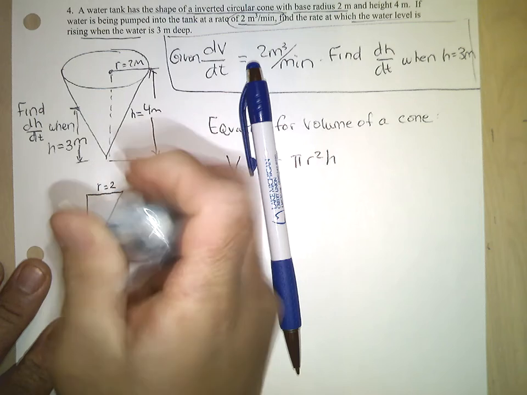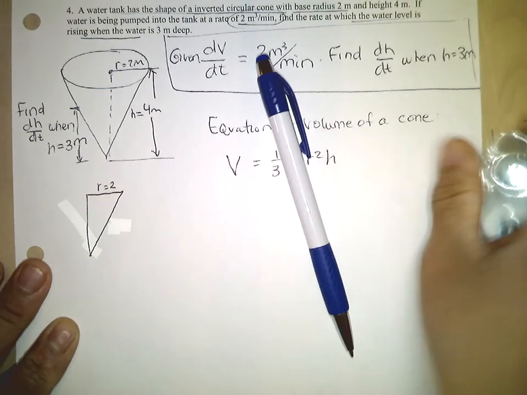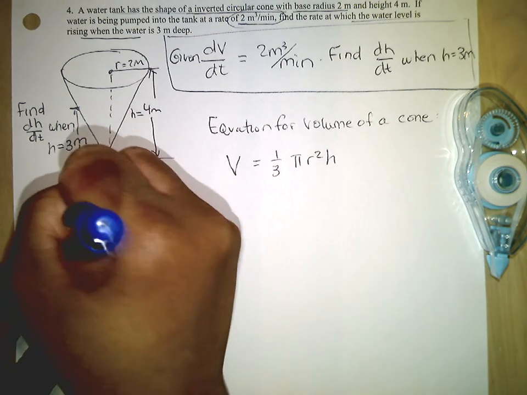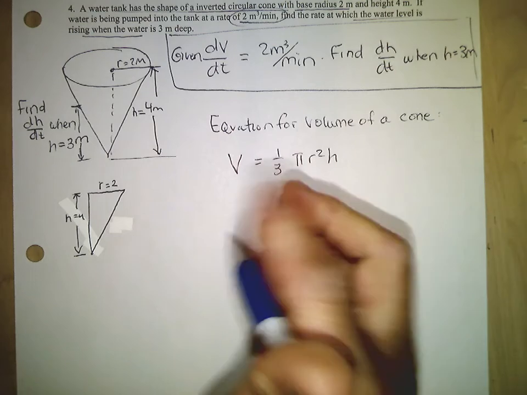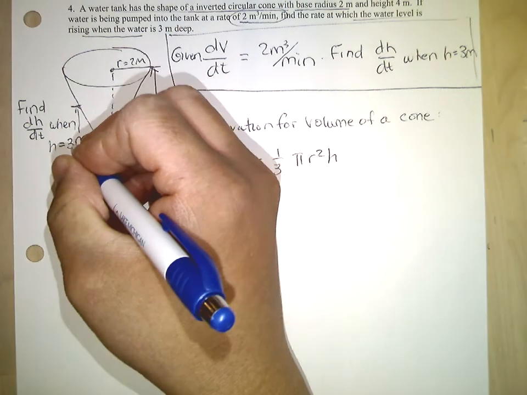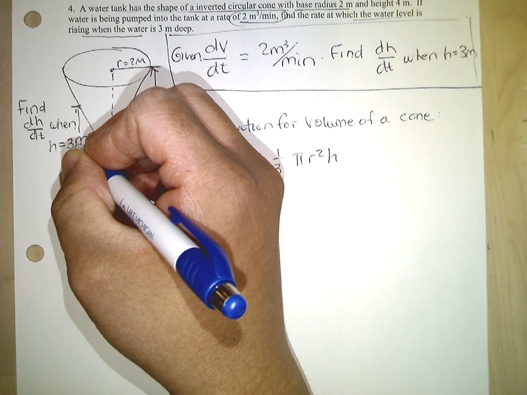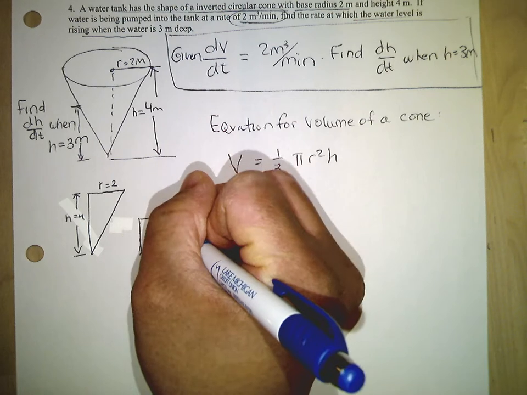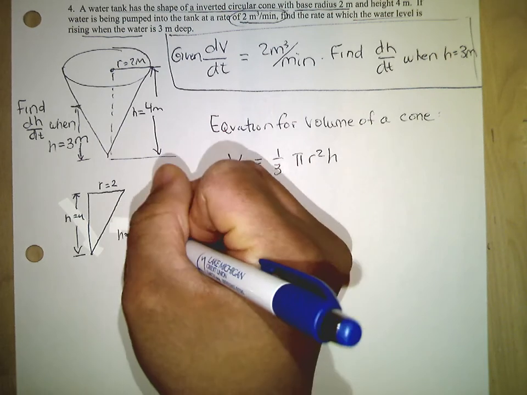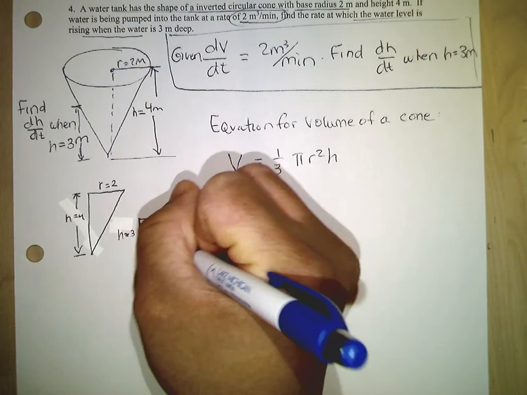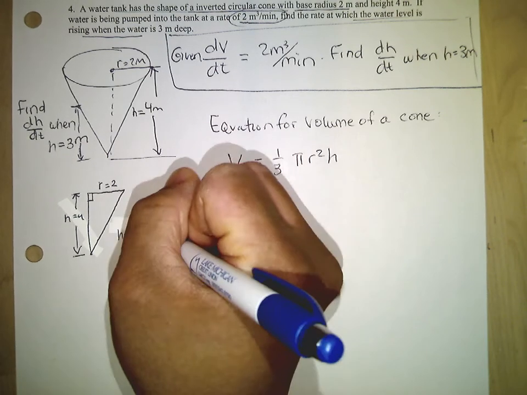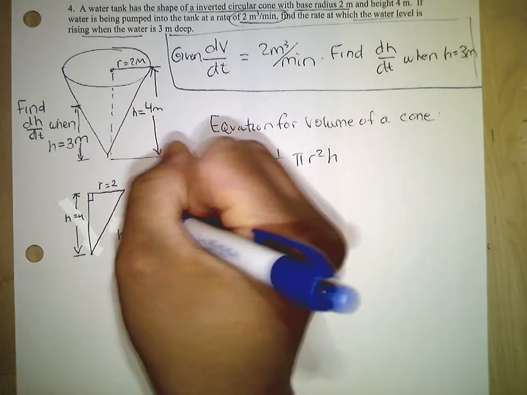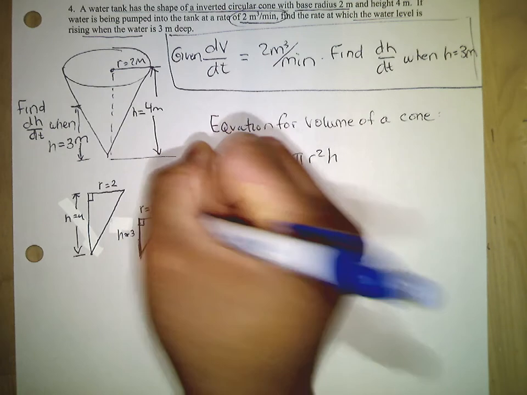I'm going to write the h is 4 over here so that it's a little bit more clear, because remember, h was the height. Now if the h is actually 3, then what would the r be? Well, we can set up a proportion for these right triangles, and we see that the radius is half of the height. So in this case, if the height was 3, the radius would be 1.5.